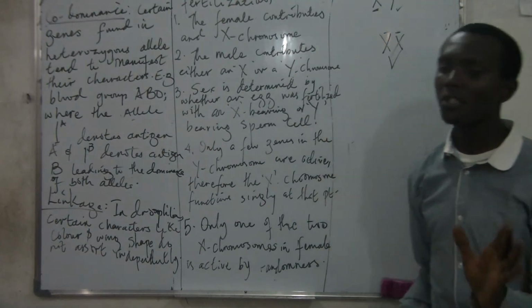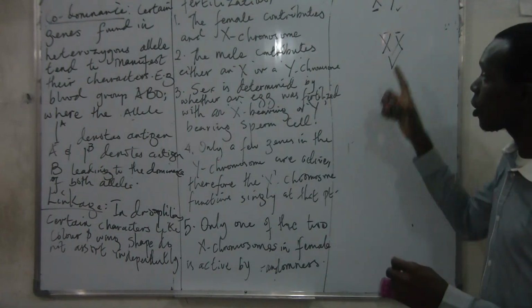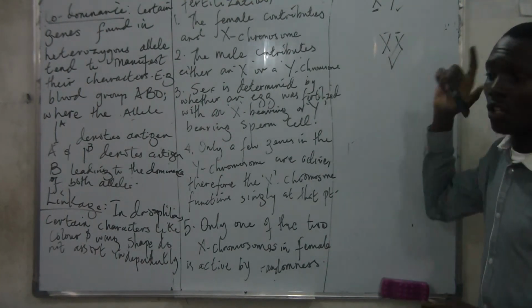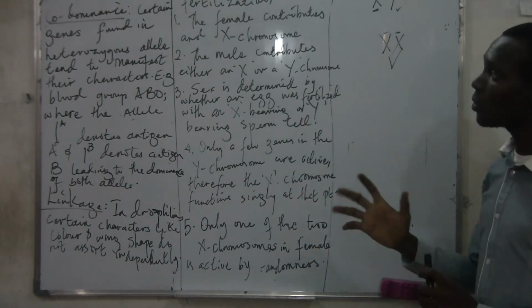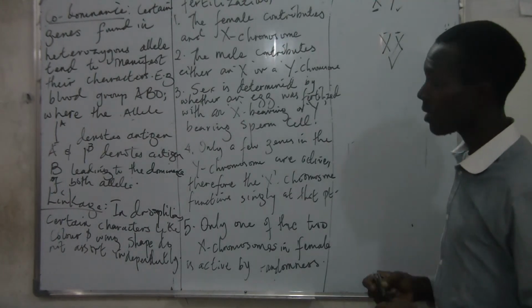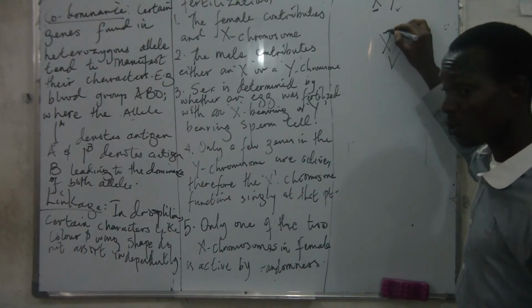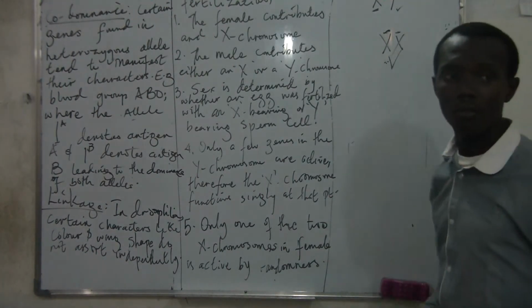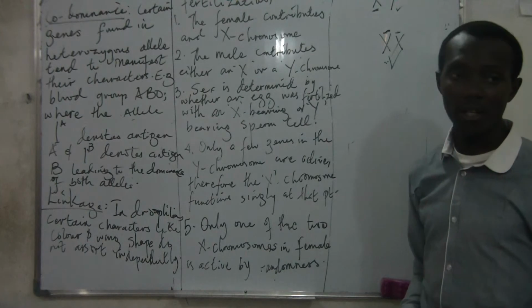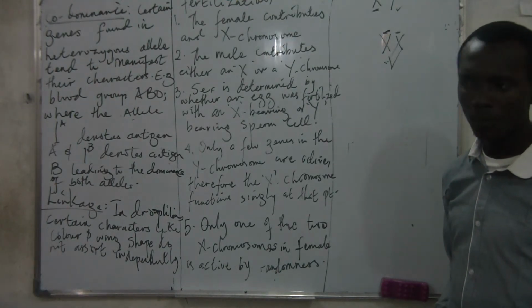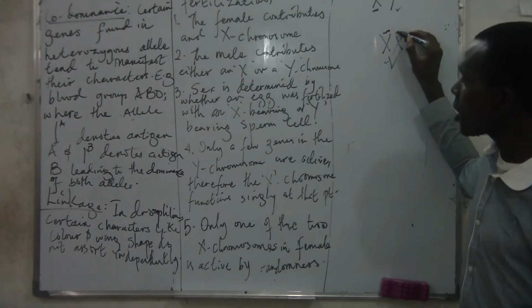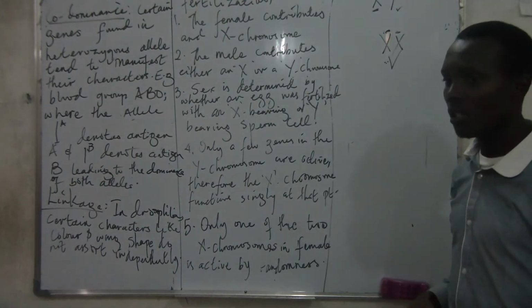It is not predetermined. Randomly, once one of them is active, the other one becomes inactive. So in a female, for the most part, just one of these chromosomes functions for most characters. Do you understand the difference between the male and female? Only one of these chromosomes is active in the female.